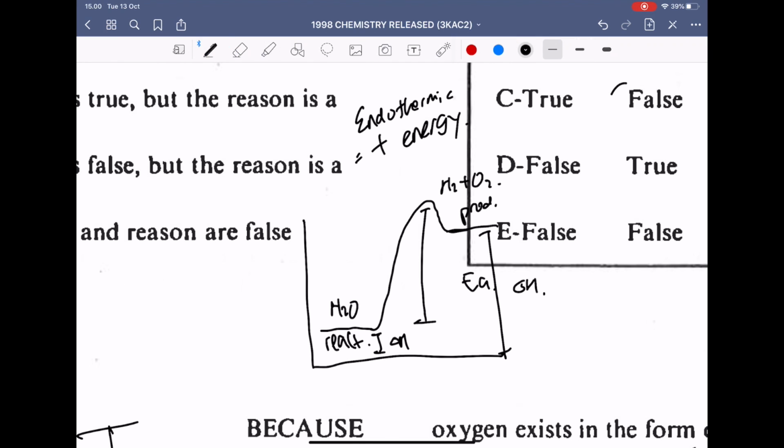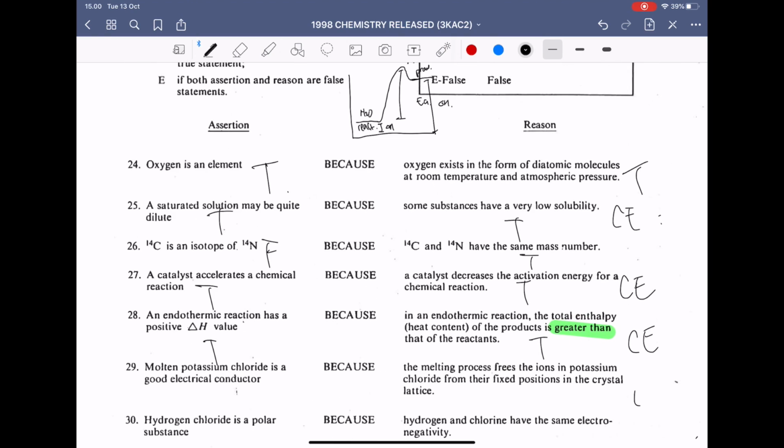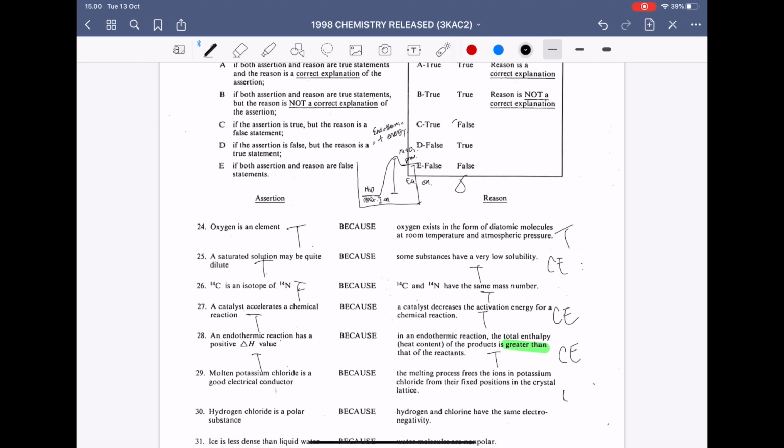Let's get back to the question. We know that it has a positive delta H value because delta H of a reaction is the enthalpy of product minus enthalpy of reactants, and because the product is bigger than the reactant, of course we know that this result will be positive.